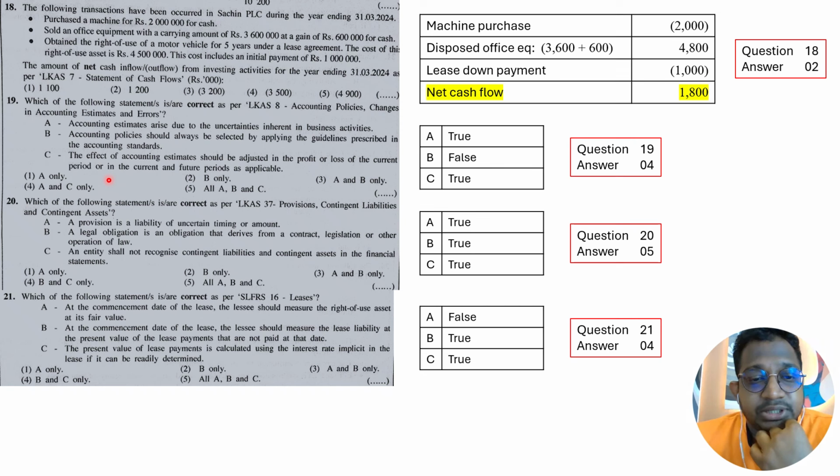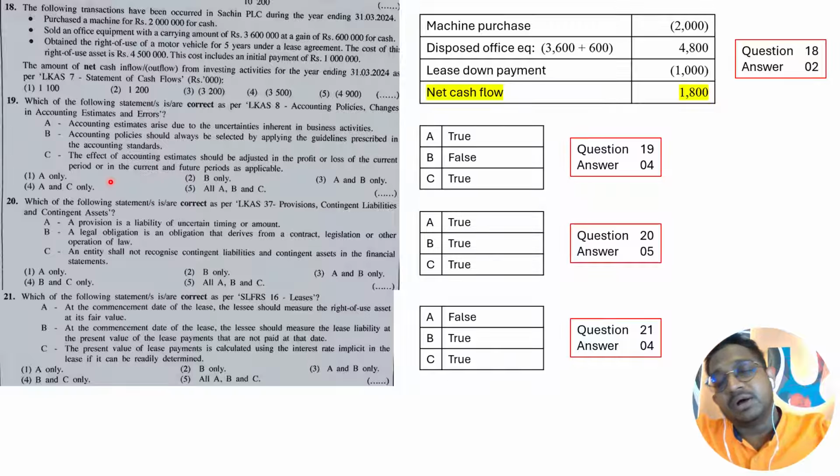The effect of the accounting estimates should be adjusted in the profit or loss of the current period and the future periods. Yes, that's correct. So changes of accounting estimates, we have to adjust for this year and then continue for the next years. But when you are correcting your errors, and if you can correct those errors for your past years, you should do that. Right?